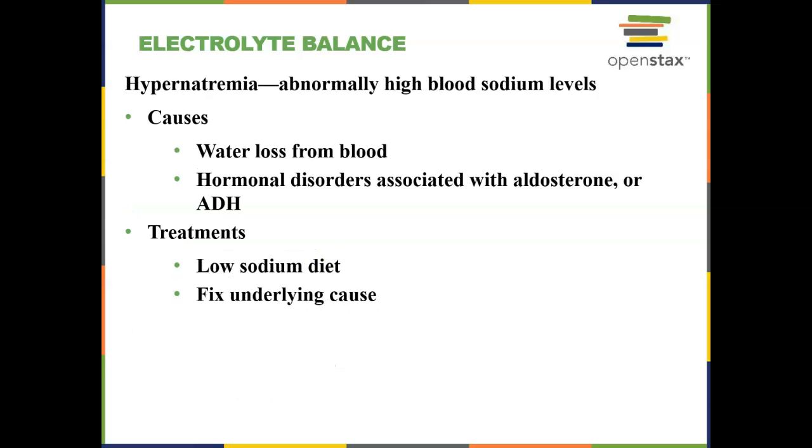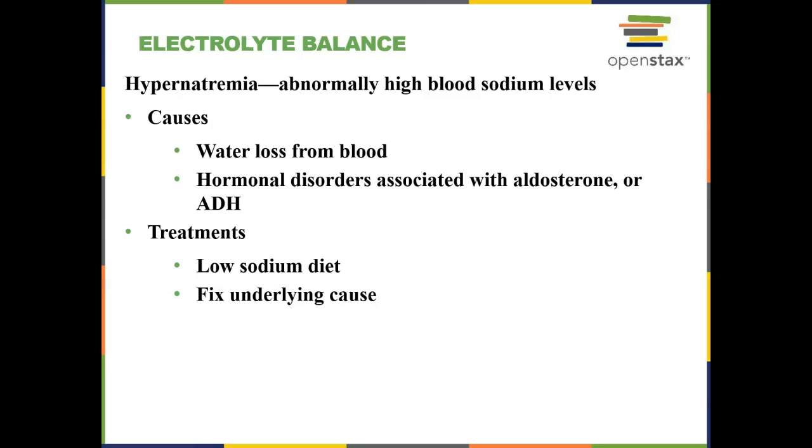Hypernatremia is typically more common in developed countries because we have a lot of sodium in the foods that we eat. So we get lots of sodium just in a typical meal with, you know, a burger and fries. You'd have a lot of sodium.